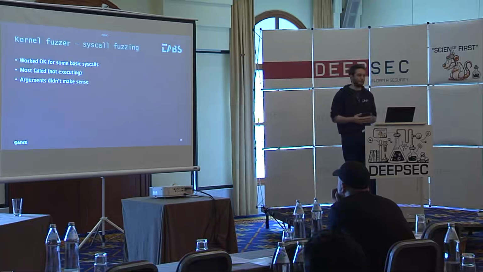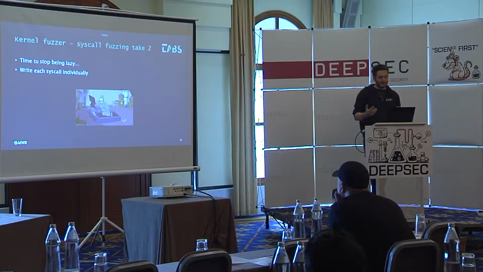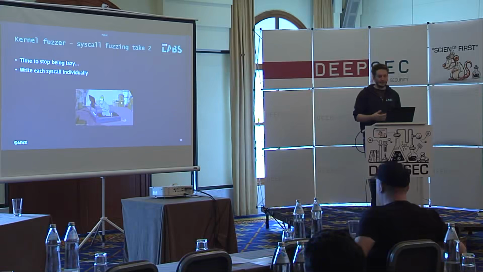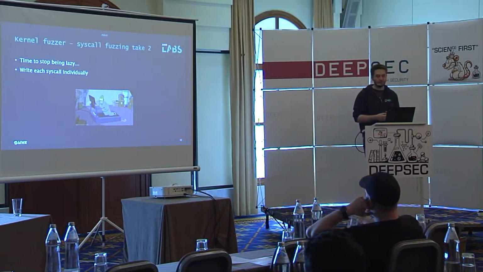There's some reasonable checking going on to make sure the arguments make sense, and we just weren't putting in the effort originally. So it was time to stop being lazy and write out each syscall individually. That may not sound tough, but there are something like 550 syscalls for BSD. Then you've got all the Mach traps and all the API calls on top of that, so a reasonable amount of effort went into writing all these.